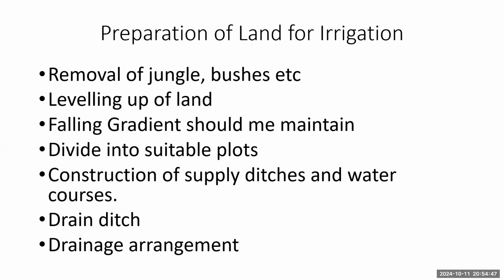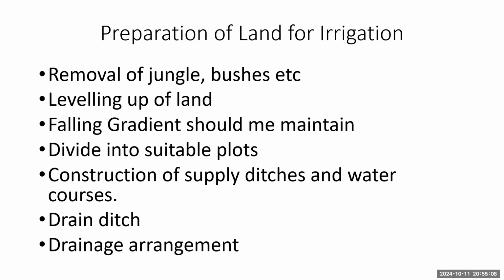Then only cleaning of the land is not sufficient. Leveling of the land is important. So the land is leveled, and this land is given some falling gradient. We know that there are various methods of applying water to the crop.